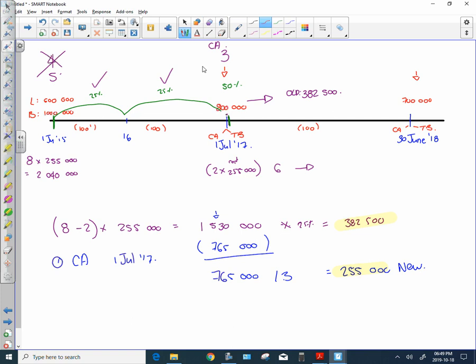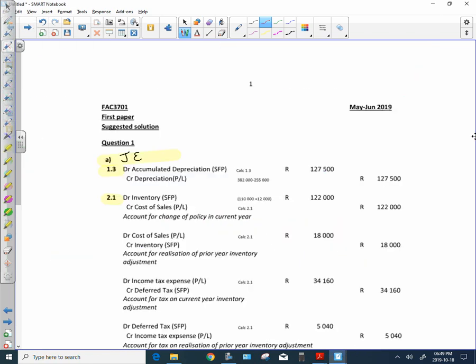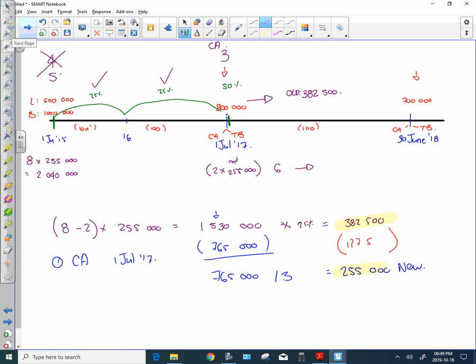The difference between that is the journal I need to pass to bring it down from 382 to 255, and that amount is 127,500. To account for this leg of the depreciation, I would debit depreciation and credit accumulated depreciation. Agreed? Yes.